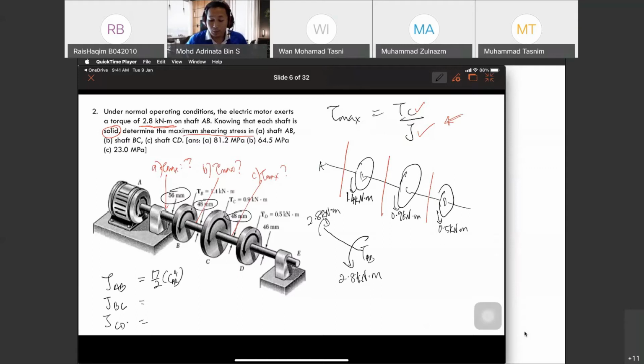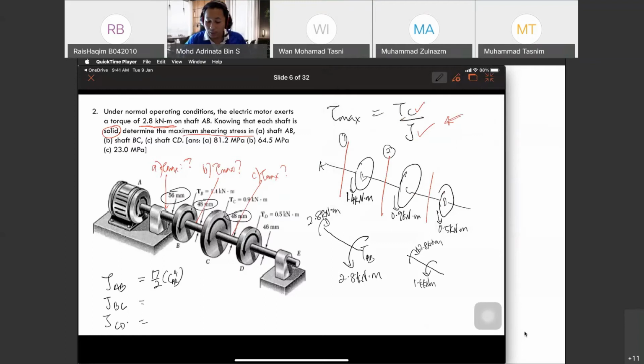Okay. Lepas tu kita cut ni nombor 1. Okay. So ni nombor 2. Nombor 2 untuk BC. Okay. So untuk tau BC pula nanti. Bila kita cut, kita ada 2.8 kilonewton meter dan kita ada 1.4 kilonewton meter. Okay.